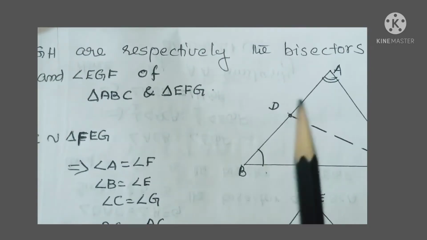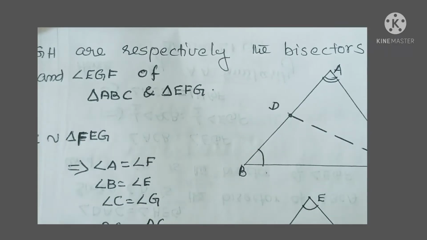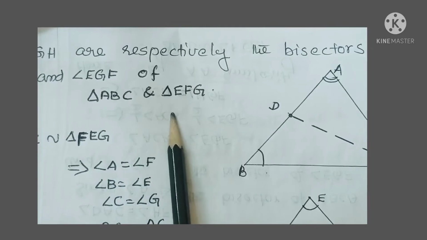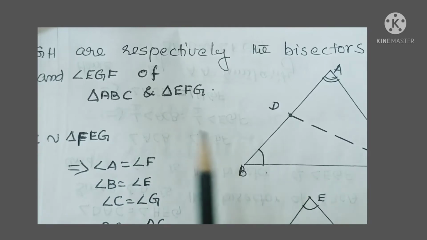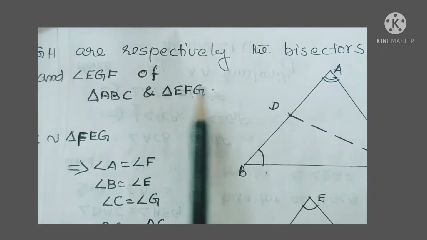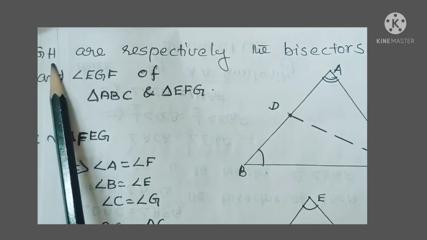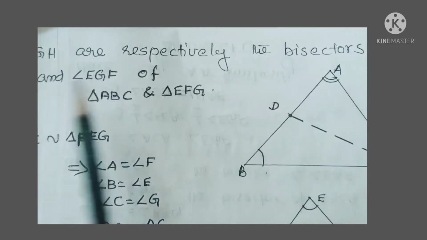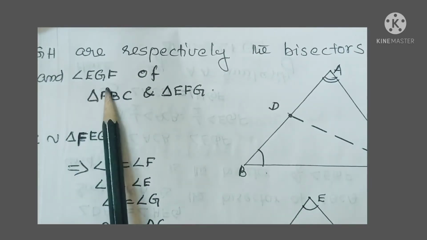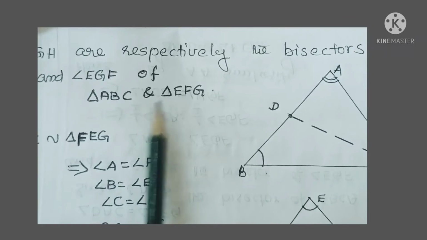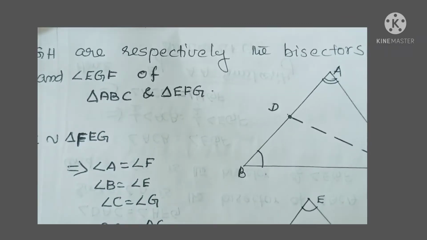In question number 10, it is given that two triangles, triangle ABC and triangle EFG, are given, and bisectors of angle C and angle G are given. That is, CD and GH are respectively the bisectors of angle ACB and angle EGF of triangle ABC and triangle EFG.